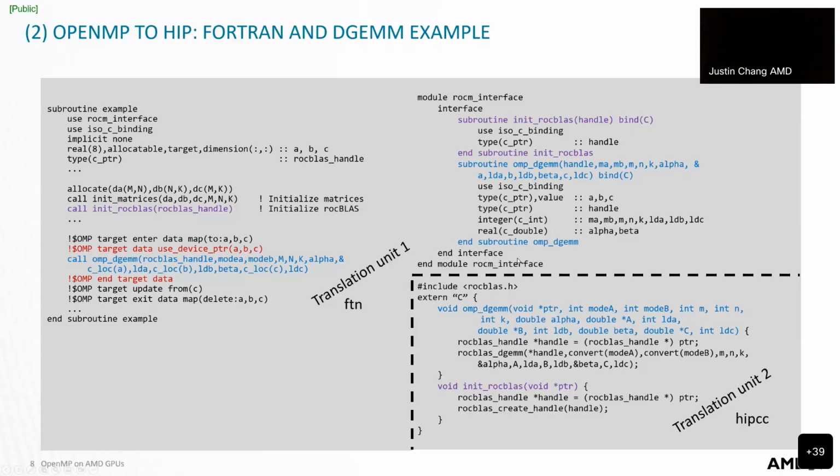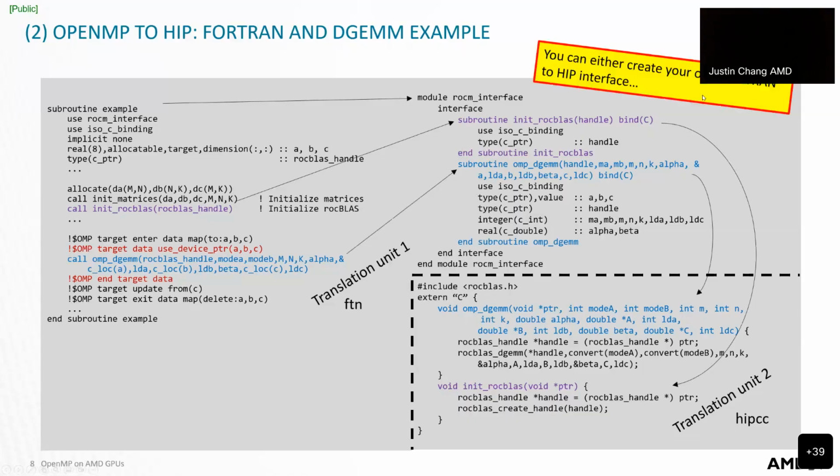So I'm just going to leave this code here. You can look at it later. I believe these slides will be available to all of you later, and I'm also going to have some arrows just to map everything together, so you can see how the different subroutines point to different areas within each translation unit.